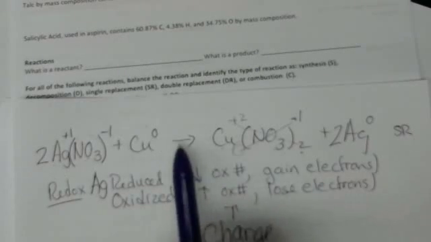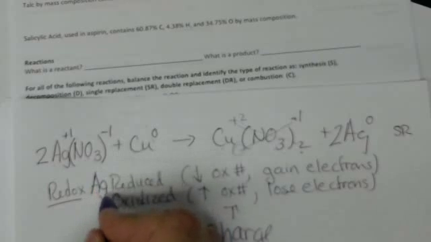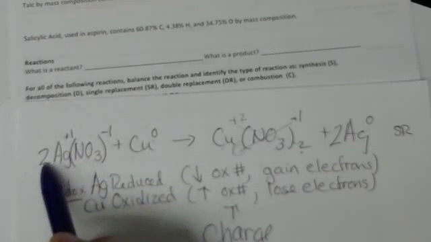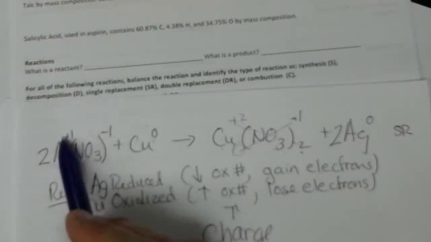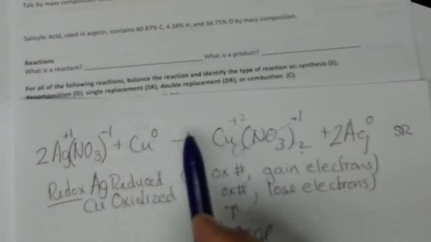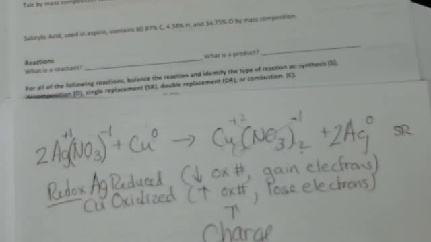Copper went from 0 to +2. It oxidized. The 2 silvers each gained 1 electron. The copper, that's just the one of them, lost 2.